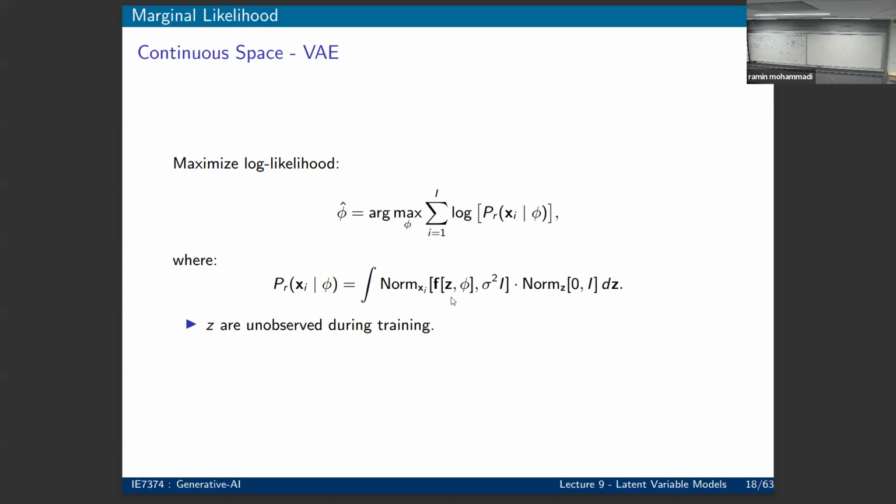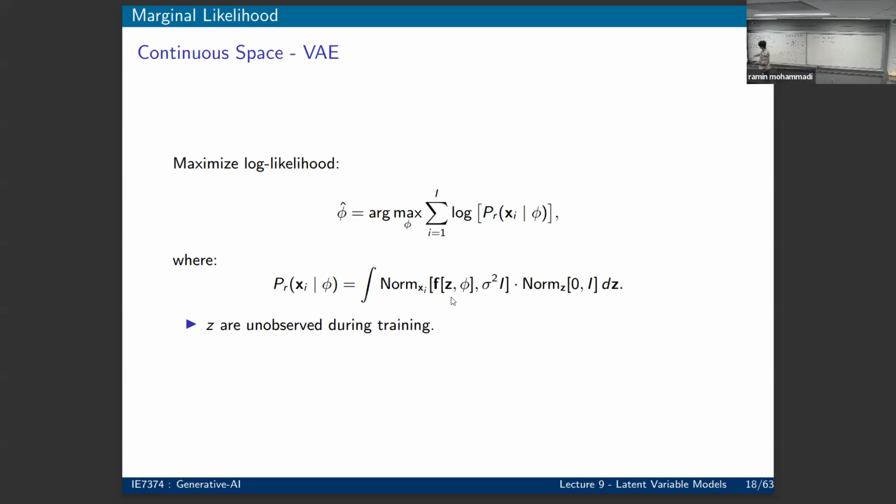That will convert to this times that, which again, anytime you have the probability of X and Z, you can show it as probability of X given Z times probability of Z, or you can show it as probability of Z given X times probability of X, depending on the problem that you have. These two are the same.